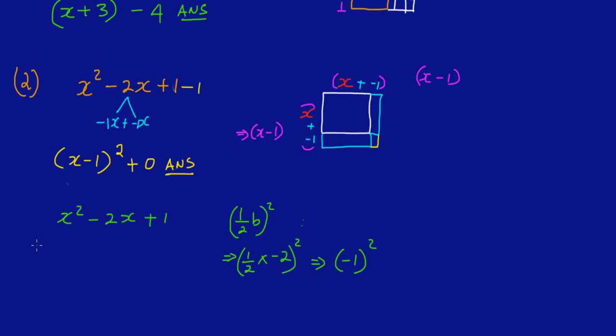Okay guys, so here you would have x squared minus 2x plus, and you would add here (-1) all squared, and you would say plus 1, the one that you have here, and now you are going to subtract your (-1) all squared.